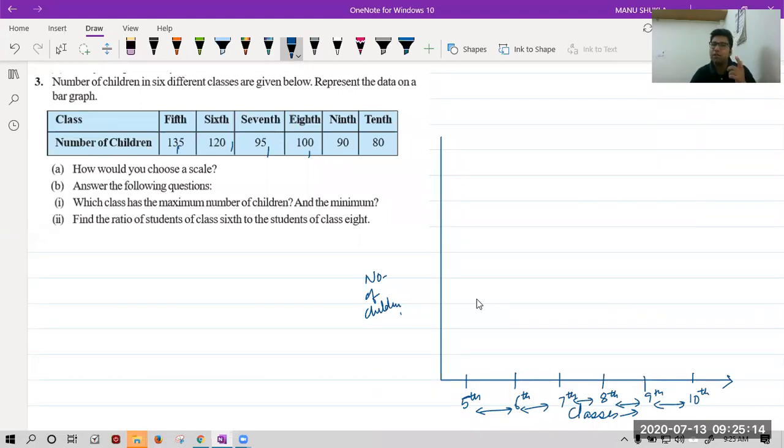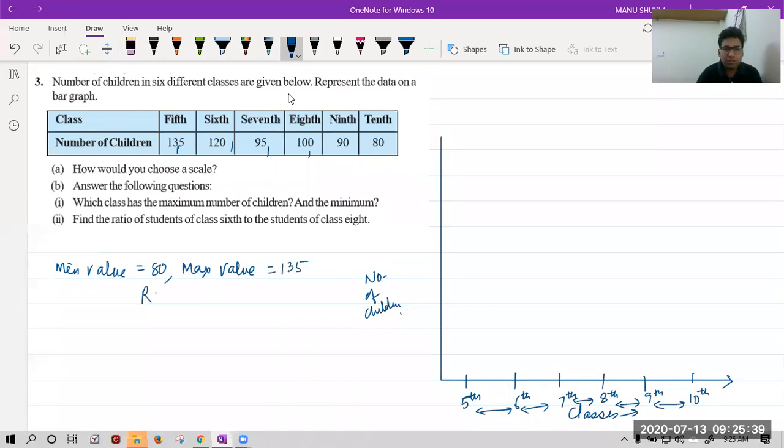Now we have to understand what should be taken as the scale for y-axis. Before that, let's write what is the minimum value we are having. The minimum value we have is, I think, 80, and maximum value is 135.